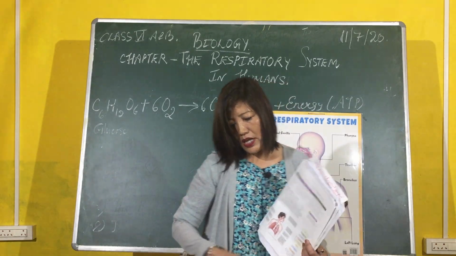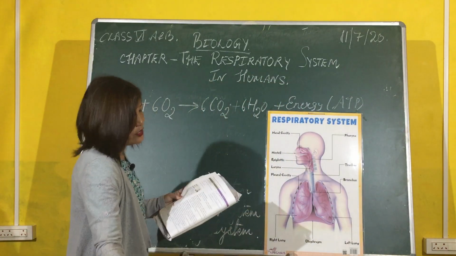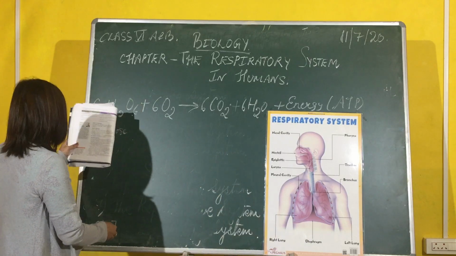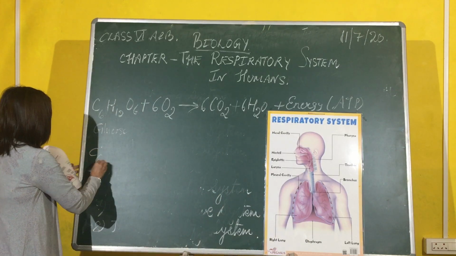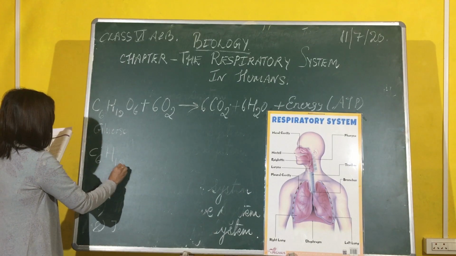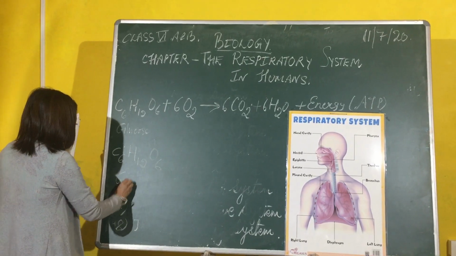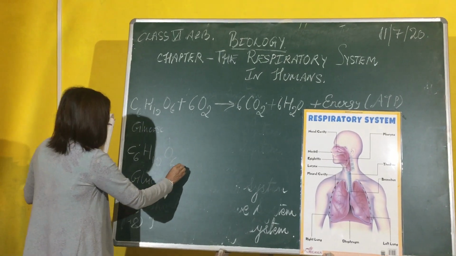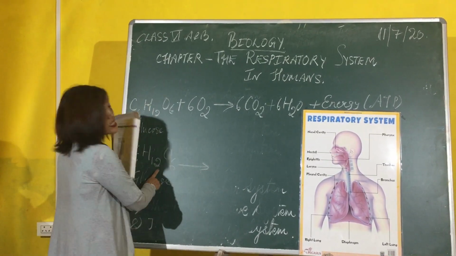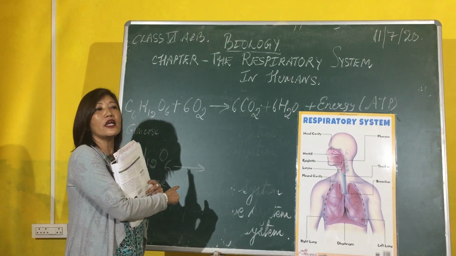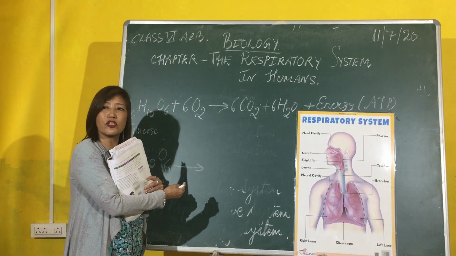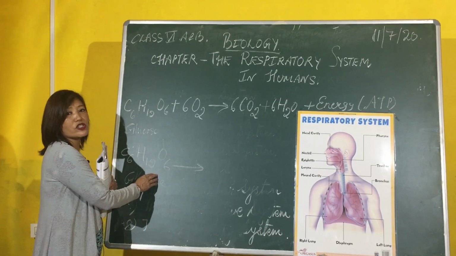If you see the equation of anaerobic respiration, C6H12O6, which is the formula of glucose, will oxidize directly. Since this is anaerobic respiration which takes place in absence of oxygen, you will not find oxygen here.